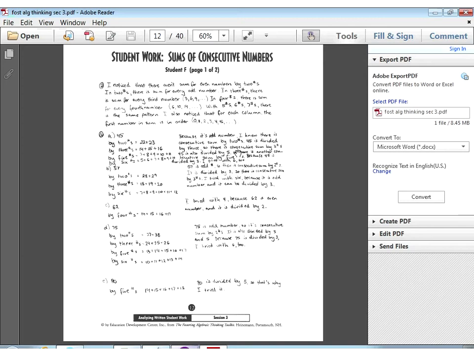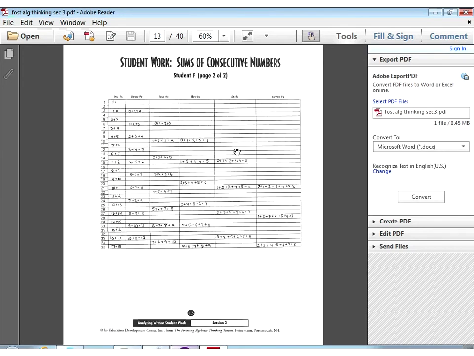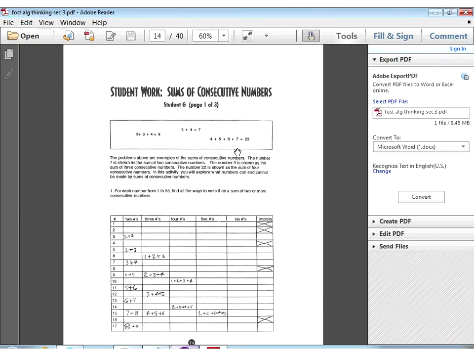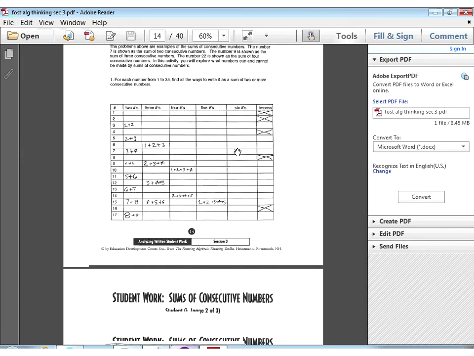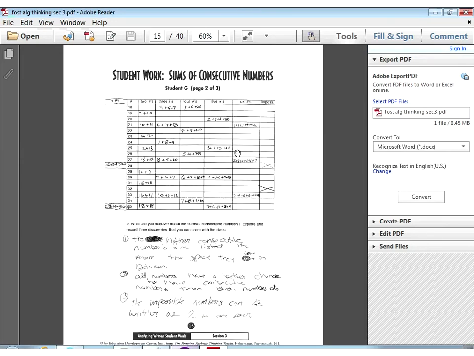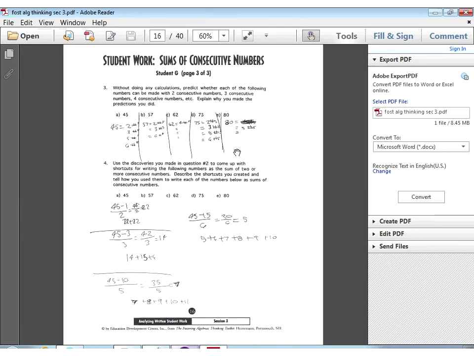Student F, page 1, page 2, student G, page 1, page 2, page 3.